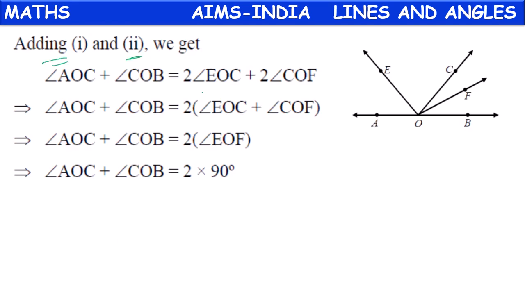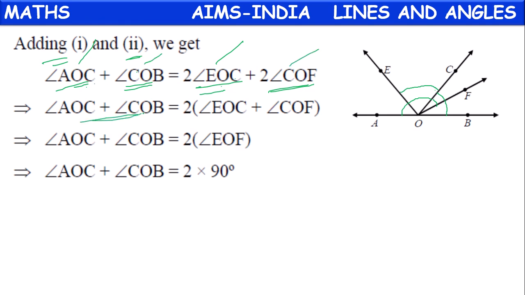So adding 1 and 2, AOC plus COB, big angle plus big angle, equals 2 EOC plus 2 COF. We can convert each big angle into 2 times the small angle.